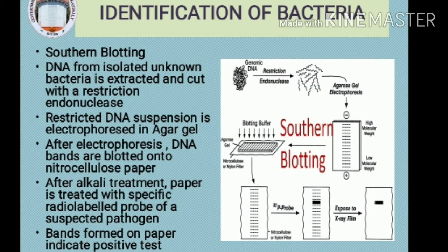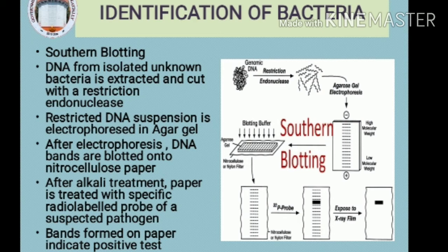Then the paper is placed on X-ray film, and this X-ray film is placed in the dark for some time. Then the X-ray film is developed. On the developed X-ray film, formation of bands indicates a positive test.